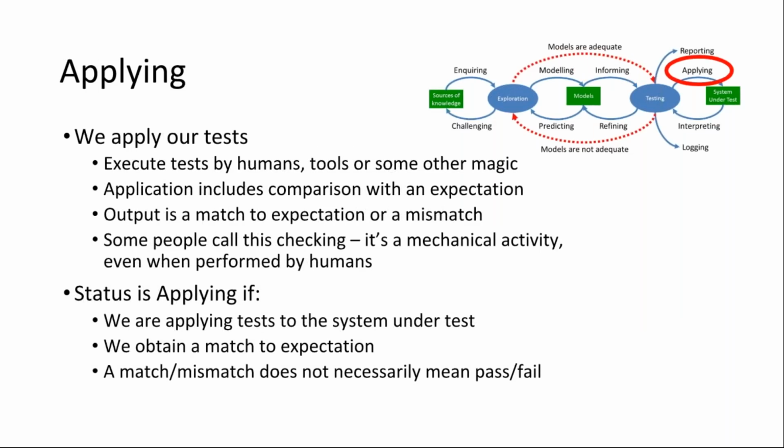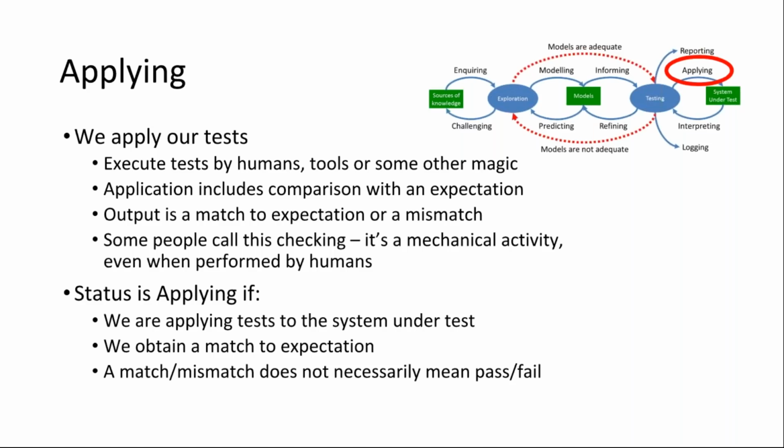Now, when we've got our test together, whether it is in our heads, on paper, or captured in the functionality of a test execution tool, applying is the dynamic execution of that test, either by the tester using their fingers and their brains, or using the tool, or by some other piece of magic that hasn't been invented yet.